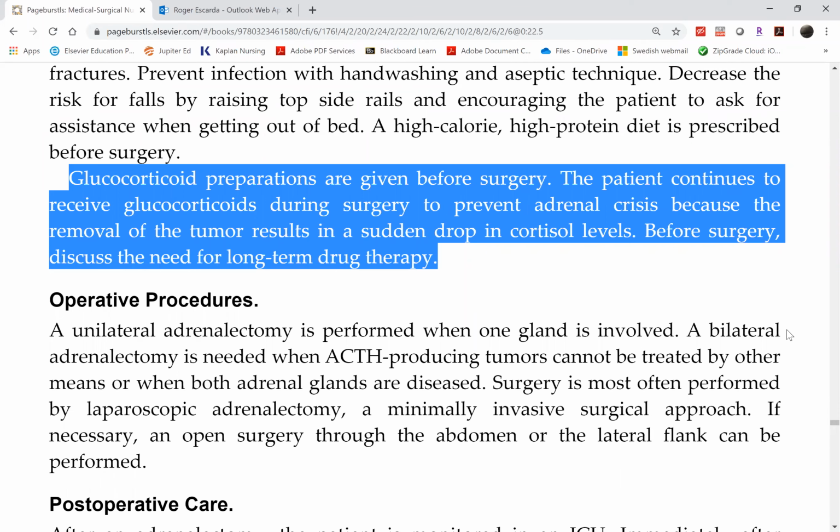Very good, because after surgery, once the surgery stops, what will this patient be taking now? Miss Laura, Miss McPhillips? No, after surgery, what will be given to the patient?